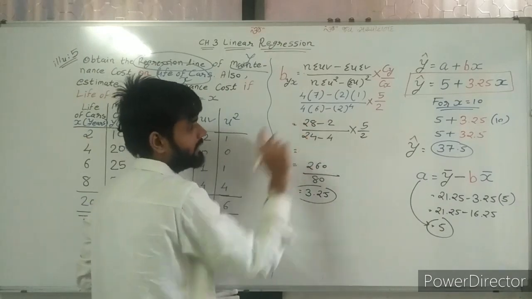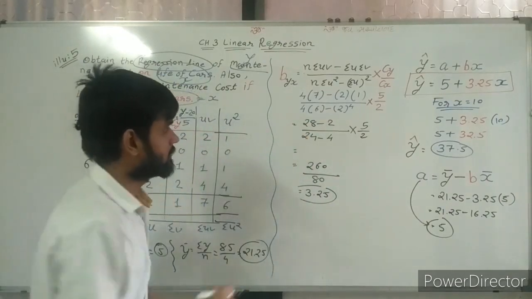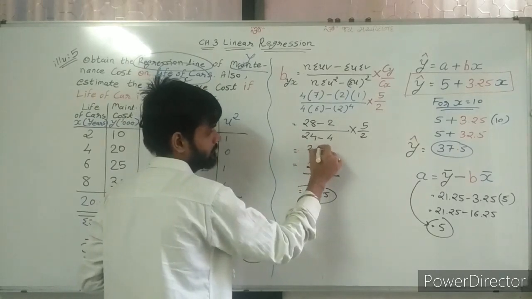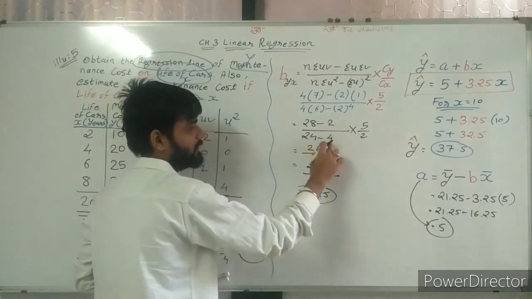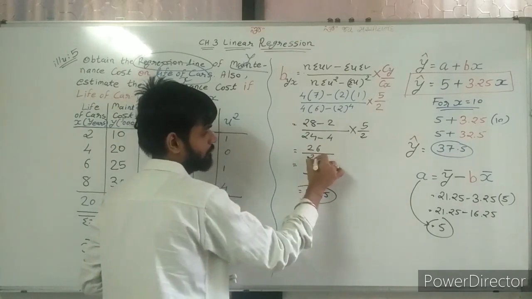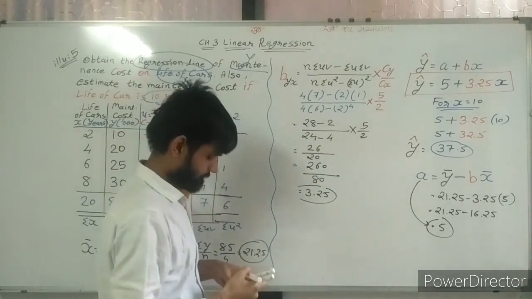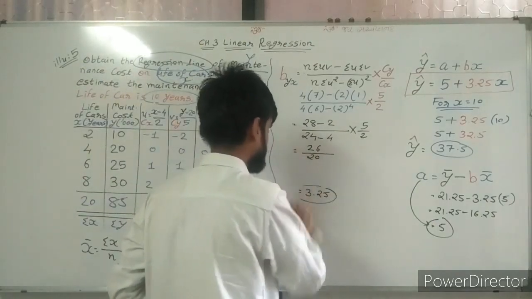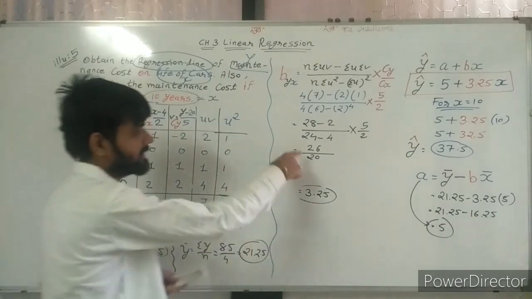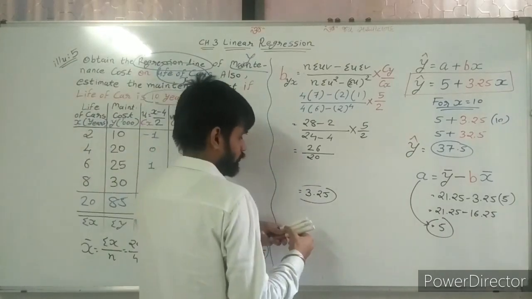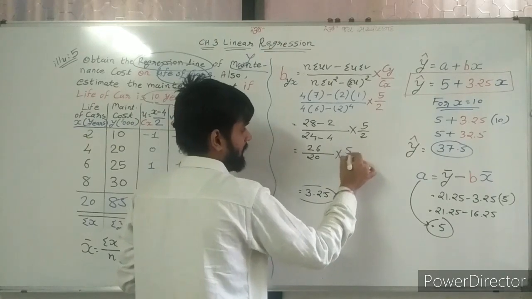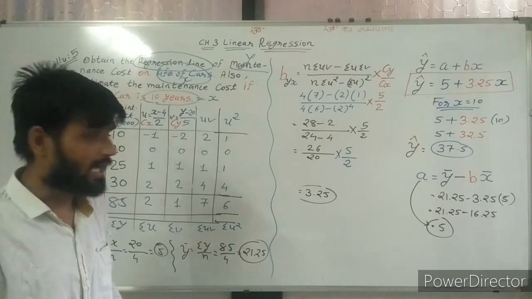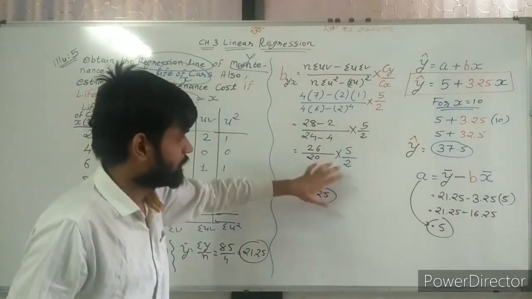Going ahead, 28 minus 2 is 26, divided by 24 minus 4, 20. So 26 upon 20 into 5 divided by 2. Now solve this.